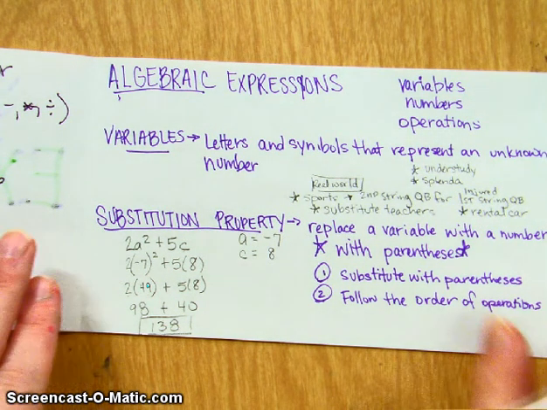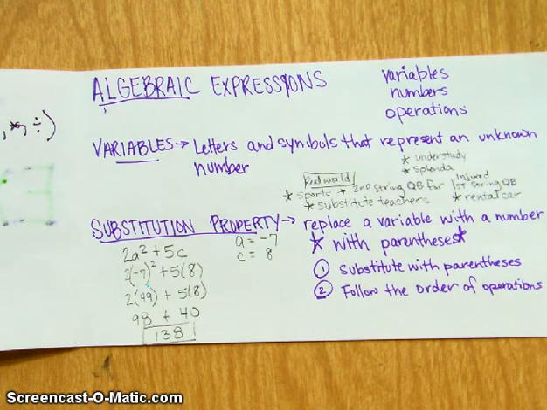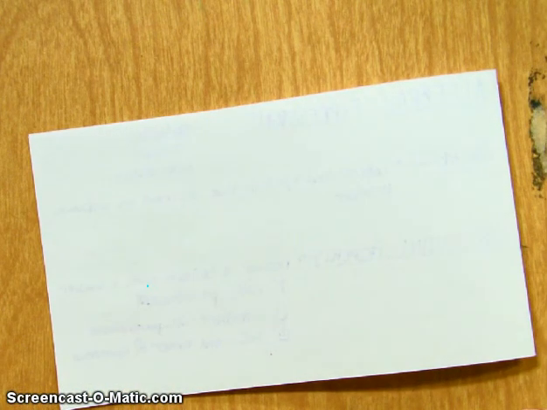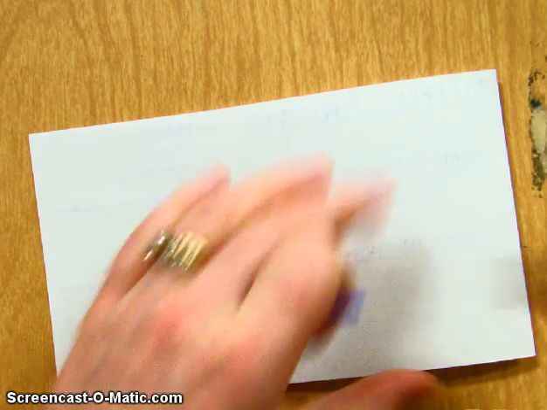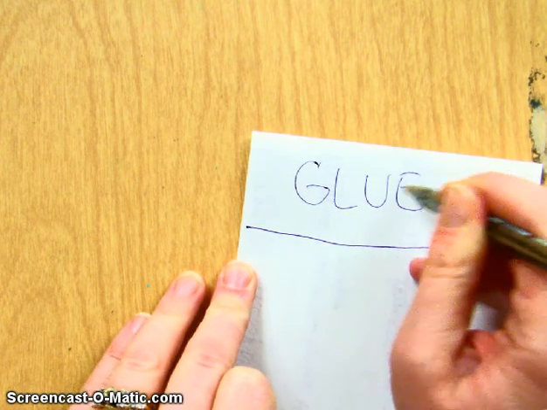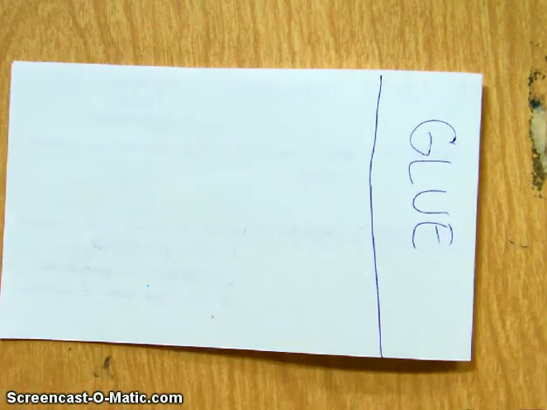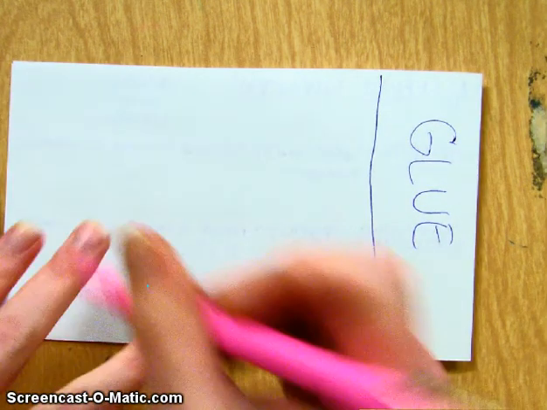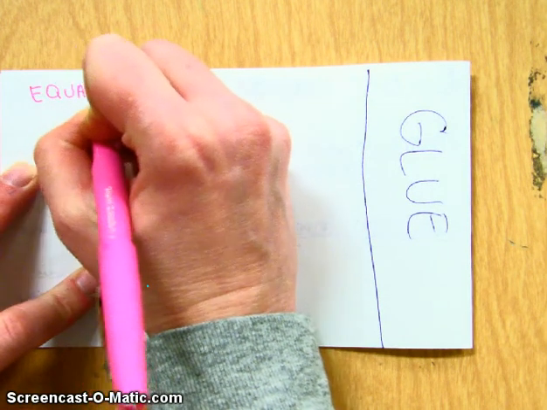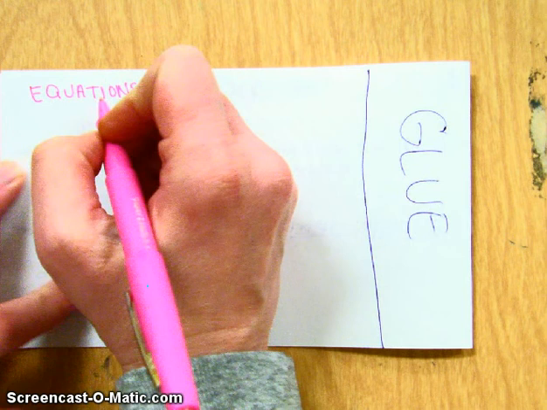There are some other things in math that exist that are not expressions. We've dealt with, and I'm going to tell you right here, leave yourself some room right here. This is going to be where we glue this into our journal. So this is the back side. Equations. Equations are not expressions.